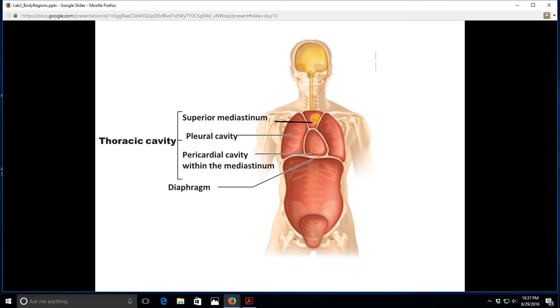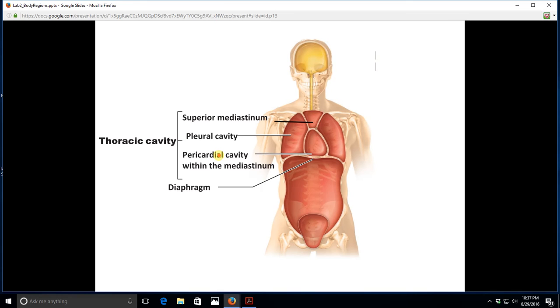Up here we've got our superior mediastinum, where our trachea would be coming down, our esophagus, big blood vessels in there too. Then below that, in the inferior part of the mediastinum, we find the pericardial cavity, which is right next to the heart. So pleural cavity next to the lungs, pericardial next to the heart.